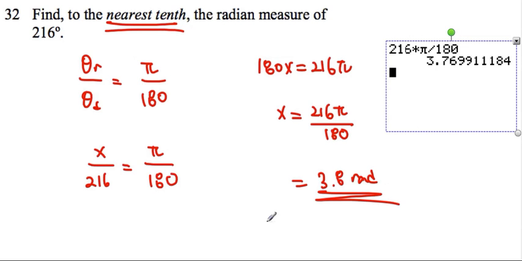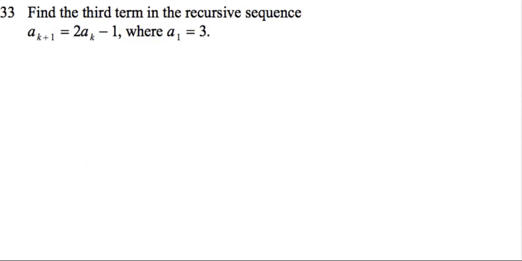Alright, let's look at number 33. Find the third term. You see the recursive sequence basically means re means before, cursive means things that happened before. Based upon things that happened before, we should be able to find out the sequences. You see k plus 1, that simply means the term after this term k. This always tells us the term after the given term.